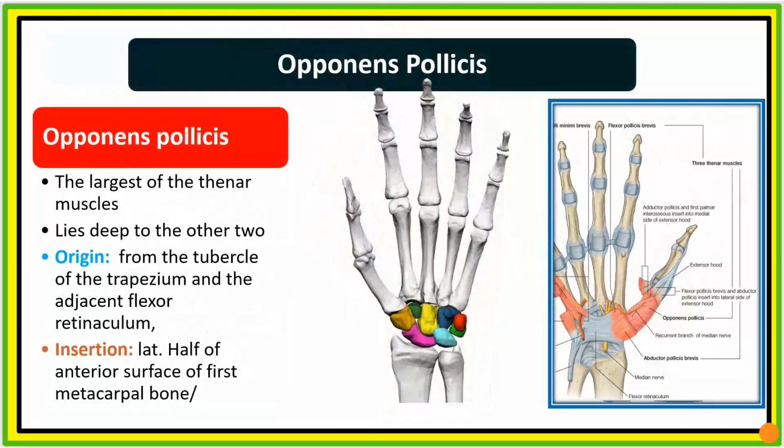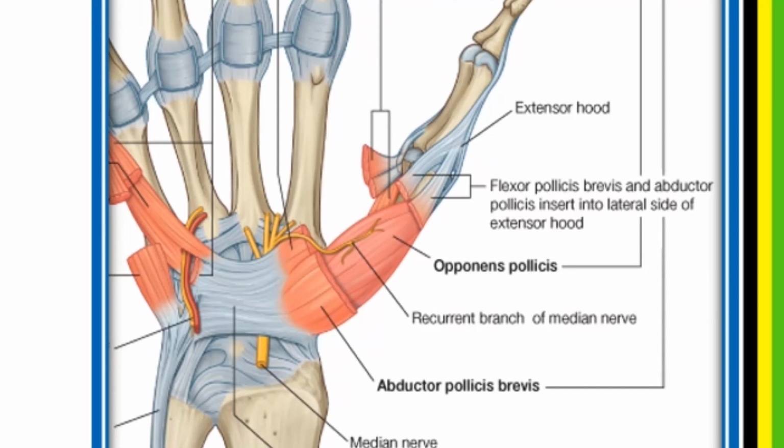Now look at the different muscles of the thenar. We start with the deepest. Here in this diagram, this is the lateral side, here is the medial side. The collection of three muscles here are the thenar muscles. This has enabled us to see the Opponens pollicis.